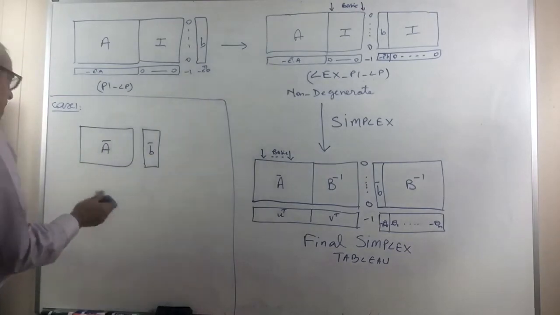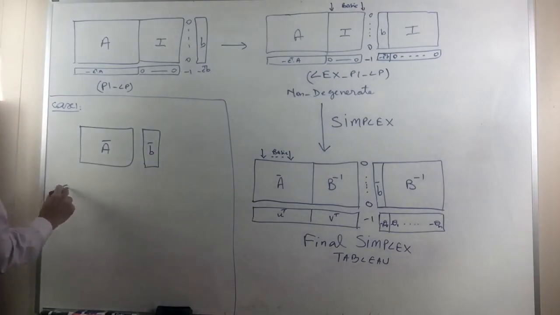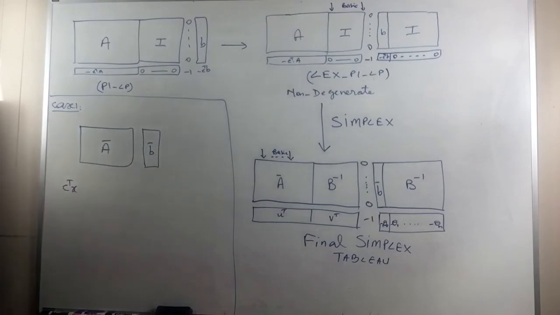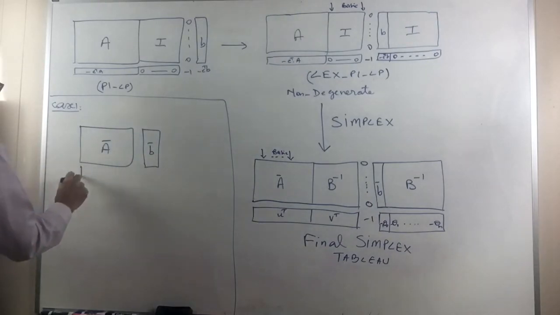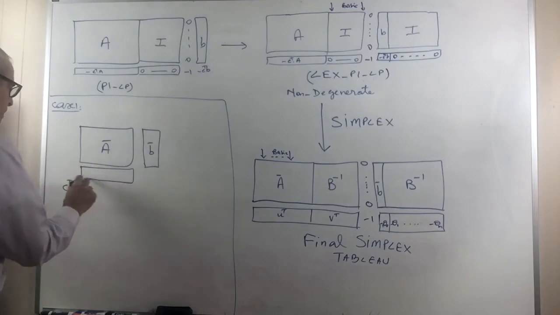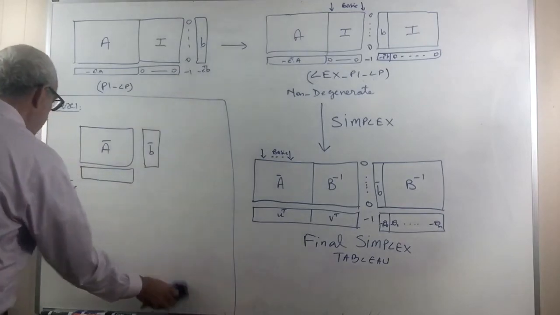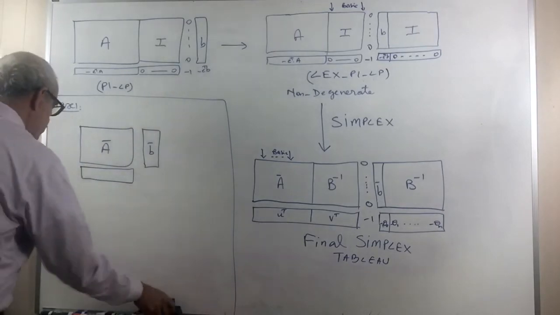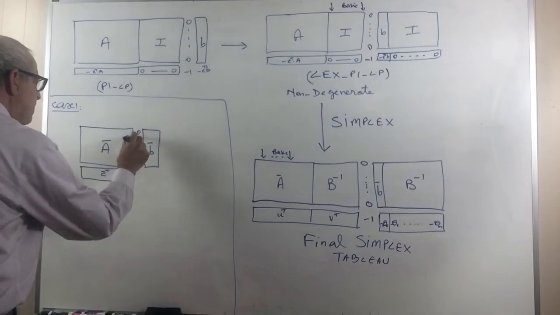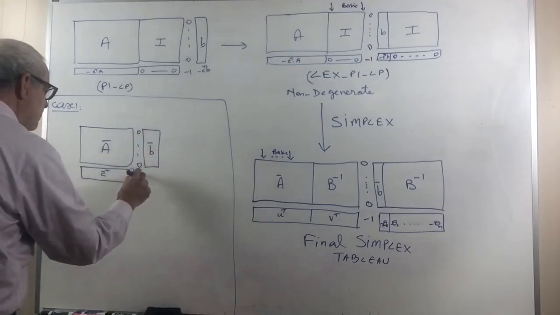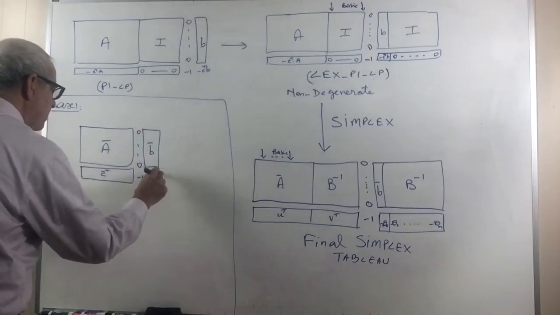And then now I bring in my objective function C transpose X. And here goes C bar transpose, and here my minus 1 minus theta bar.